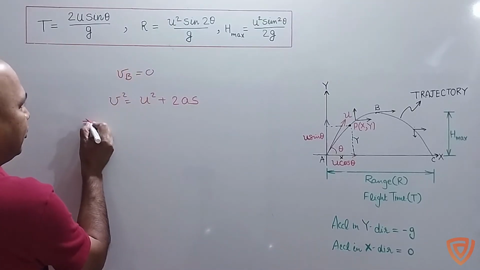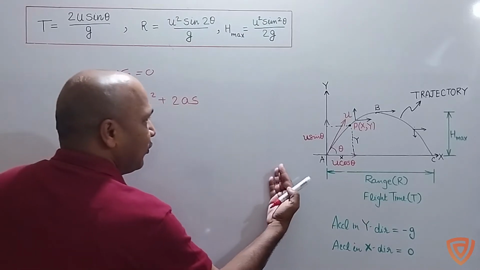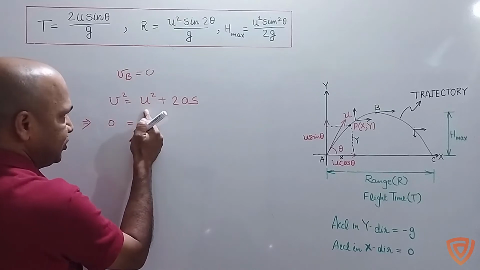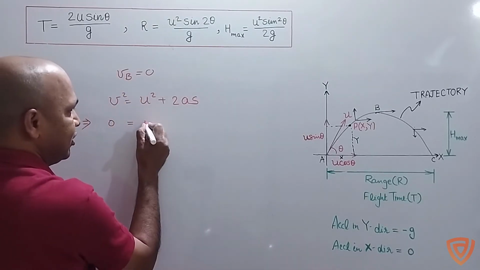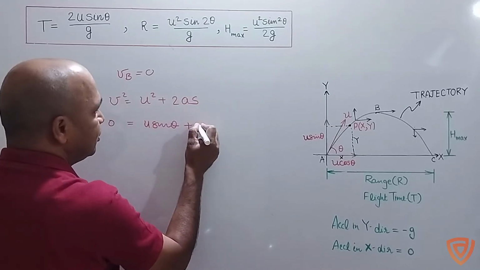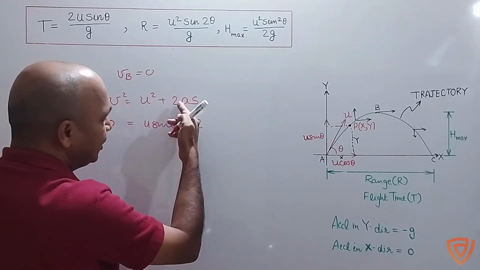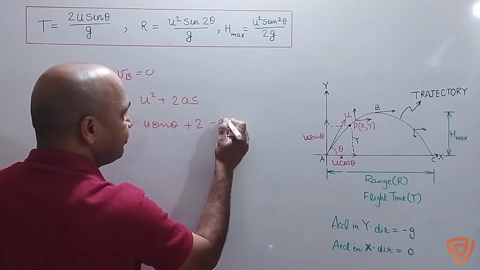So v is final velocity in y direction, which is 0. U is initial velocity in y direction, which is u sin theta, plus 2 times a, the acceleration in y direction, which is minus g.